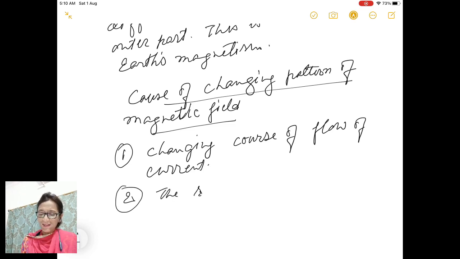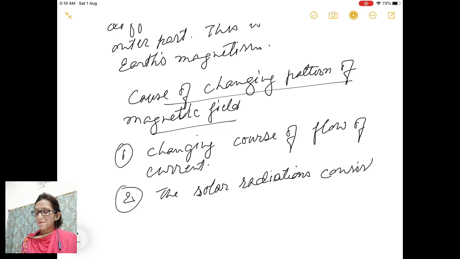The solar radiations, consisting of ions, are acted upon by these magnetic fields on the pole.